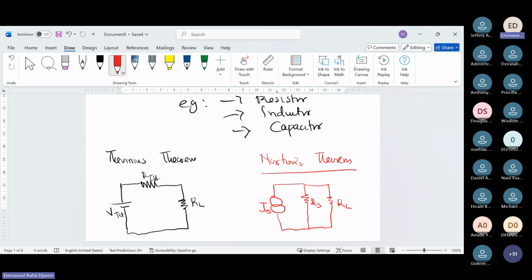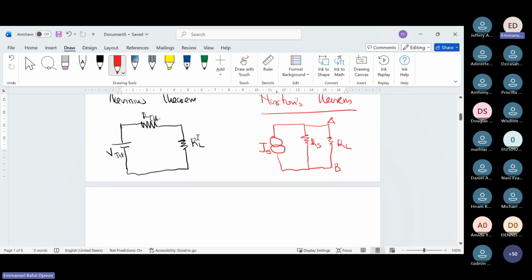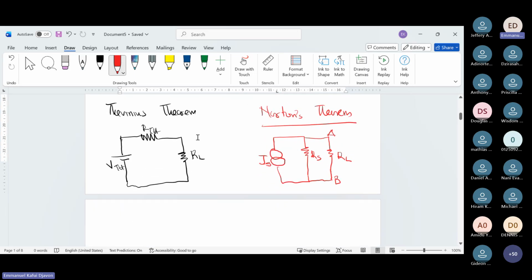So here we can call this point A to point B to look for the voltage drop. Now, as you can see on the board, you see the difference between Thevenin's theorem and Norton's theorem.